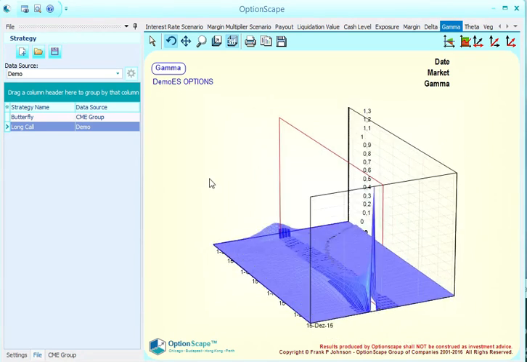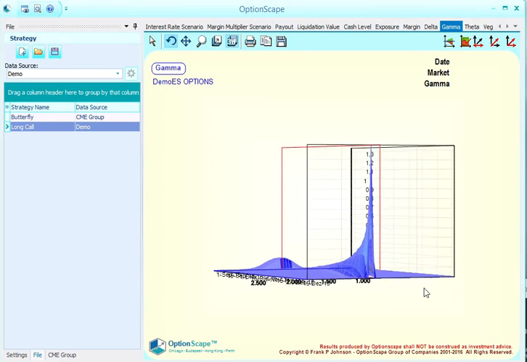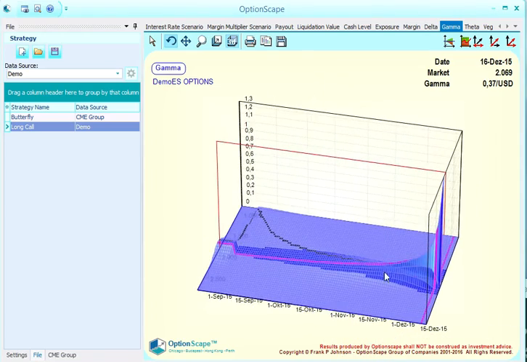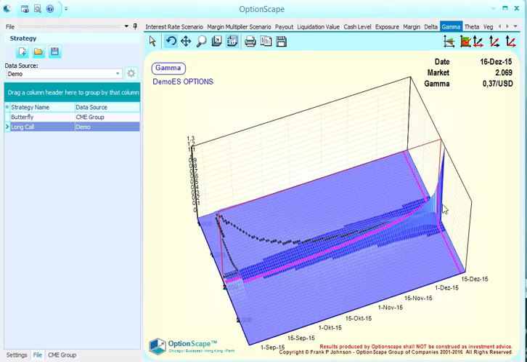When we go to the day of expiration, we have an at-the-money explosion of gamma, and here we see the details given at the point of the crossing, which is in this case here at the money near lifetime.